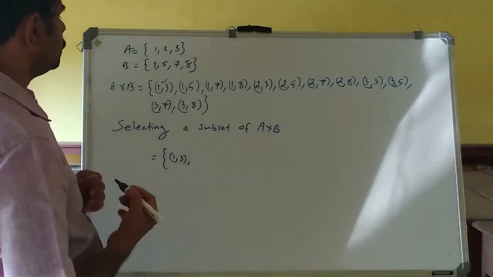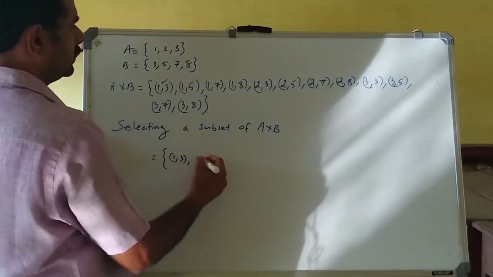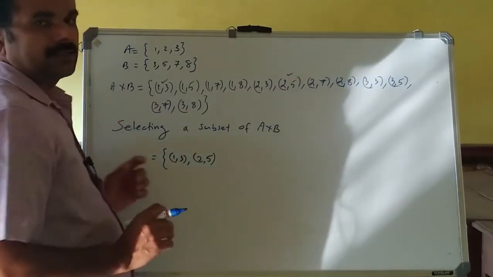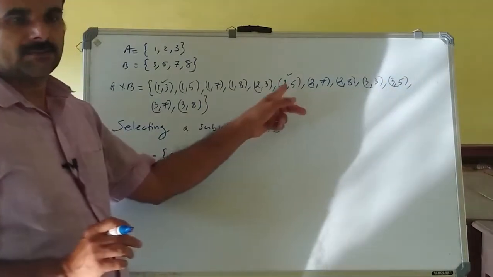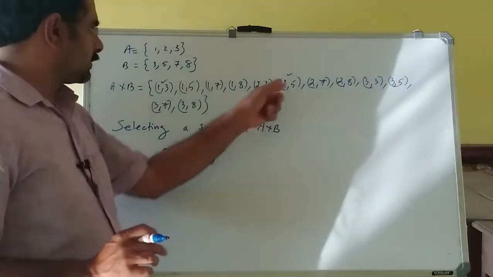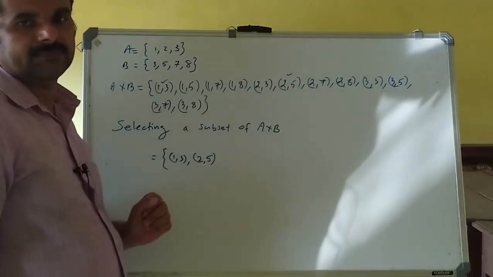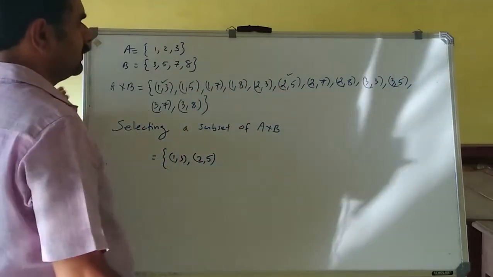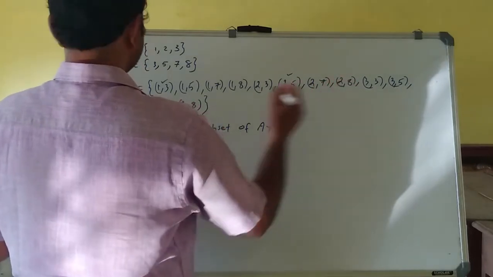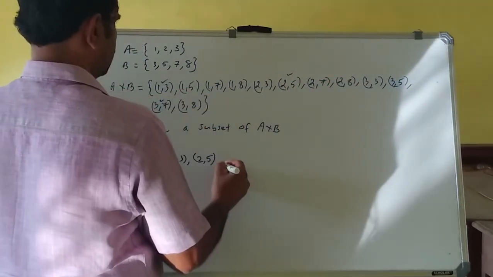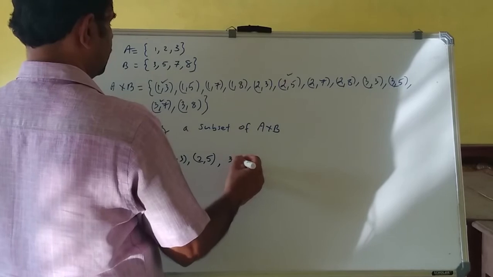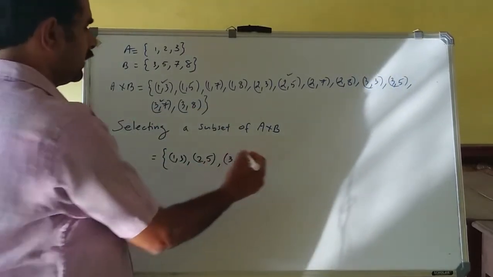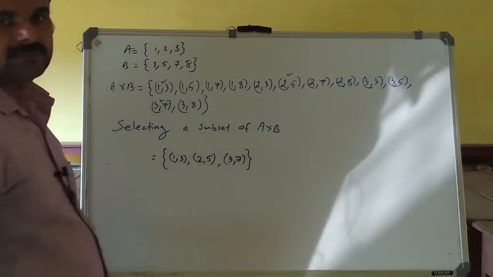Then next one, 2, 5. These are my numbers. Then the next one, 3, 7, and closing the set.